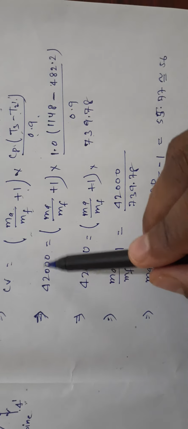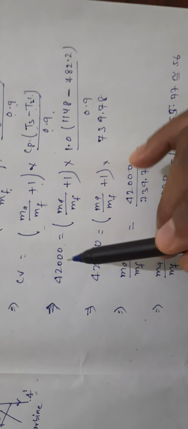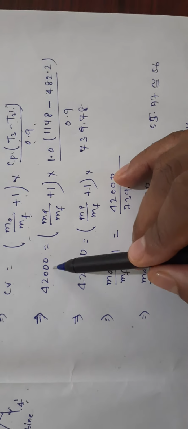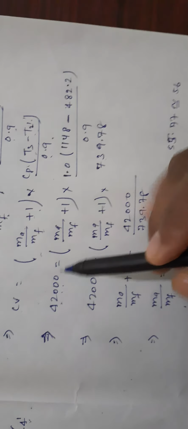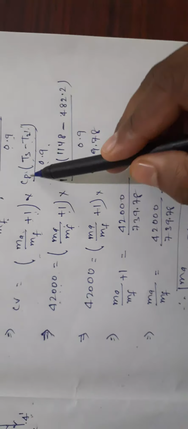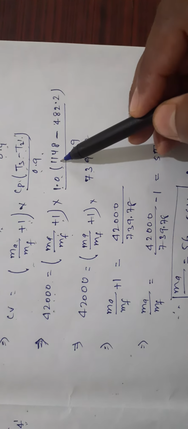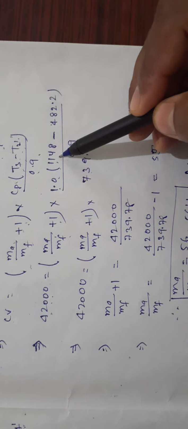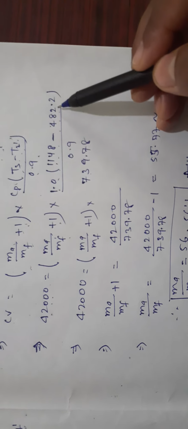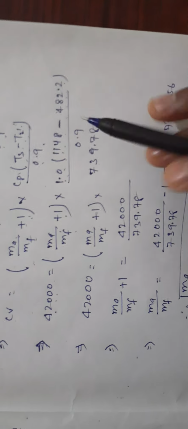Now substitute all the values. The calorific value is given as 42,000, equal to (mass of air by mass of fuel plus 1), with Cp as 1.0, times the maximum temperature 1148 minus T2 dash, 482.2, divided by 0.9.